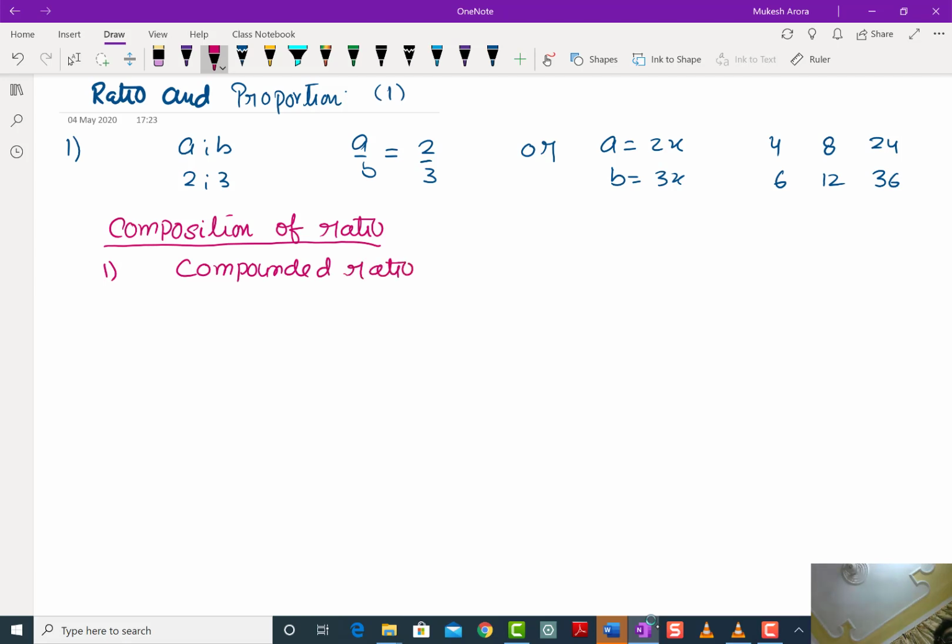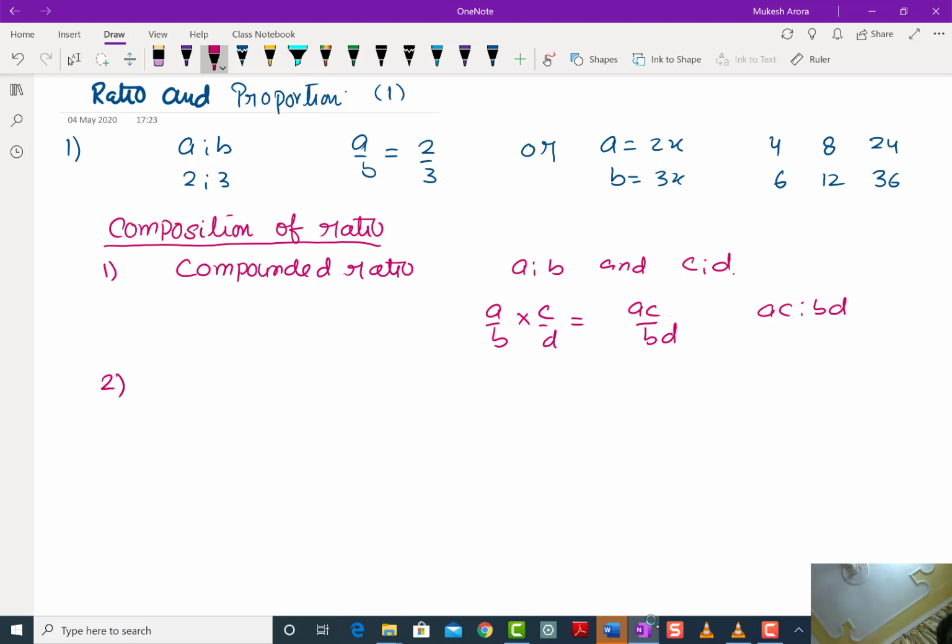If two ratios are given, A ratio B and C ratio D, then the compounded ratio will multiply. It will be AC ratio BD. That is the compounded ratio.